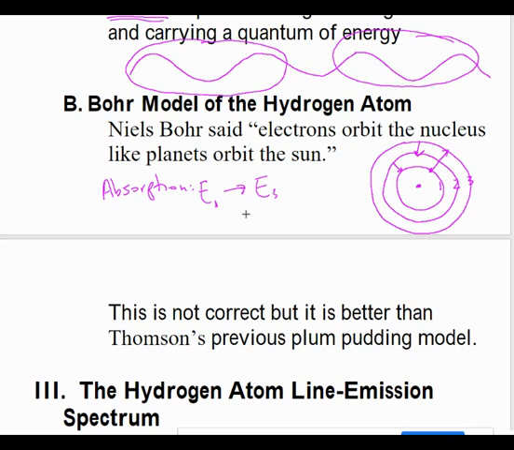When it comes back down, this one right here is important, energy level 3 down to energy level 2, it's going to give off energy. Let's change the color here. So this is going to give off a wavelength or photon with a certain amount of energy there. And that process where it drops down and gives off light is called emission. Okay, and it doesn't have to be visible light.